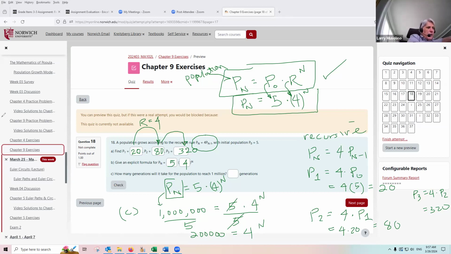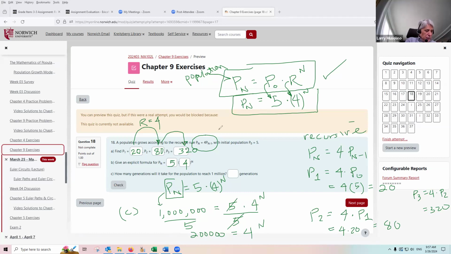I'm going to do it on my calculator quickly. I'm going to use n equal 10 as just a starting point. I'm just making that up. 4 to the exponent 10 on my calculator is a little too big, because it's over a million. So I'm going to try 4 to the exponent 9. That is about 262,000.